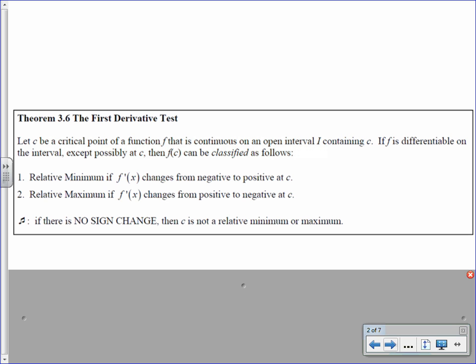So it's possible, like we talked about yesterday, that we can increase and then flatten out and then keep increasing. Here we're going to get a critical point, but we don't have a change in direction, and so it's not going to be a relative extreme.